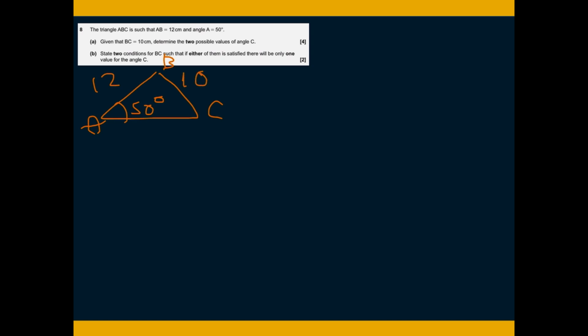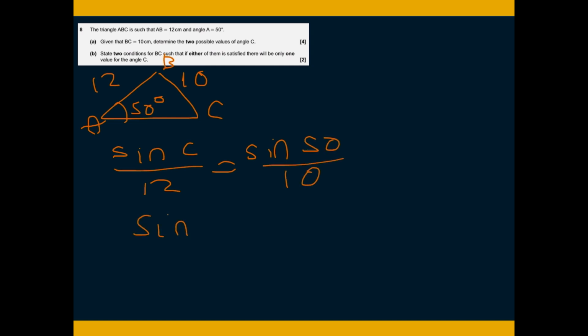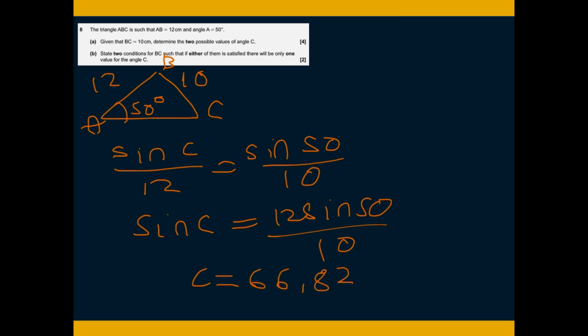Now, using the sine rule, sin C over 12 equals sin 50 over 10. So, sin C equals 12 sin 50 over 10, and C is the sin to the minus 1 of all that, which is 66.82.